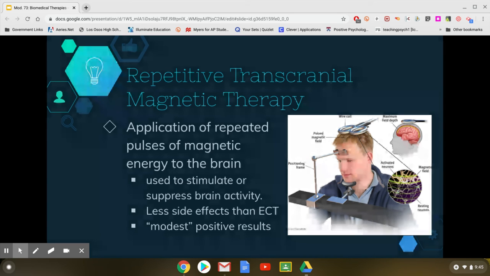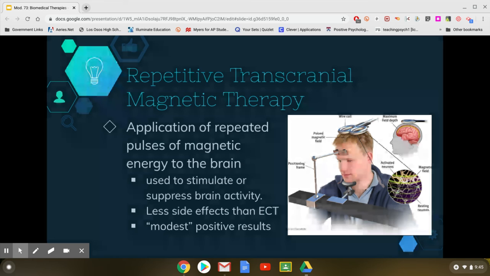Another type is called repetitive transcranial magnetic therapy. And this is done through the application of repeated pulses of magnetic energy to the brain. Think super strong magnets, as you see in this diagram here. It's used to either stimulate or suppress brain activity. And one of the bonuses is it has less side effects than ECT.